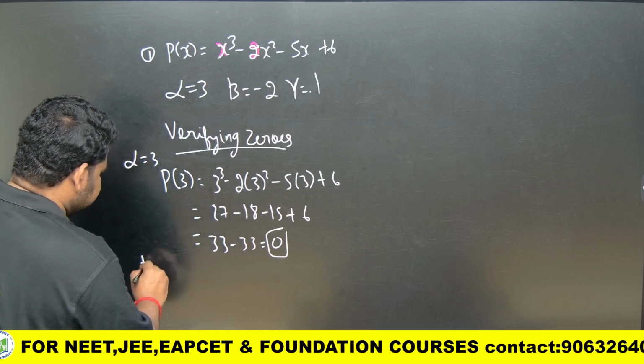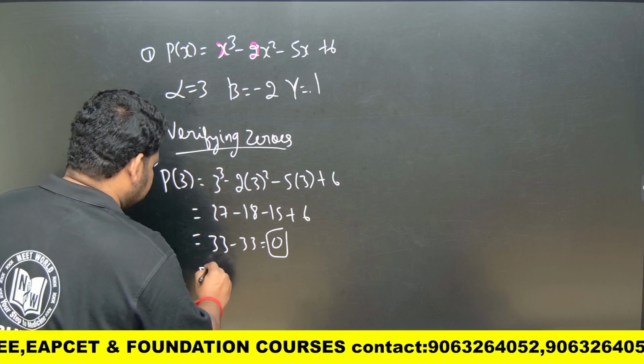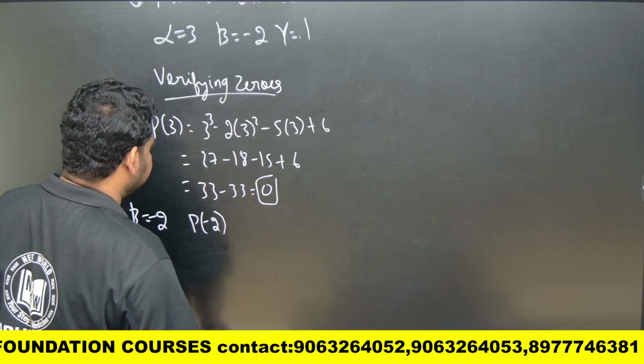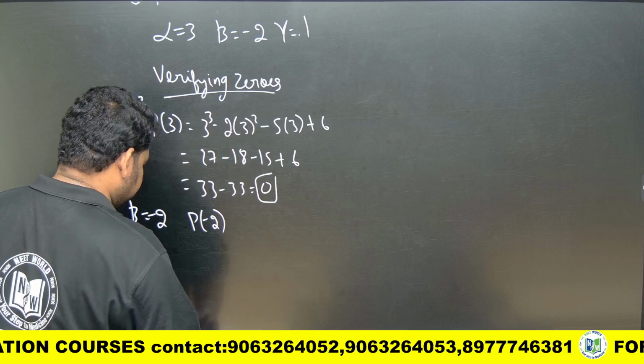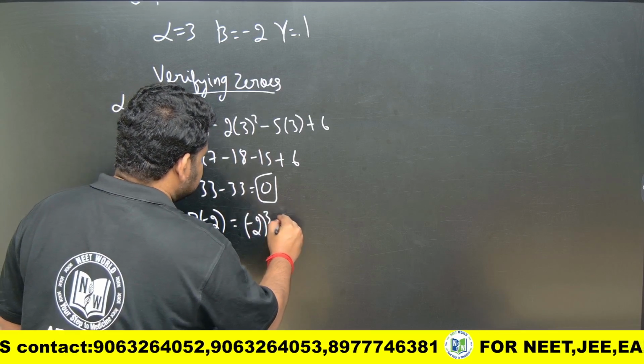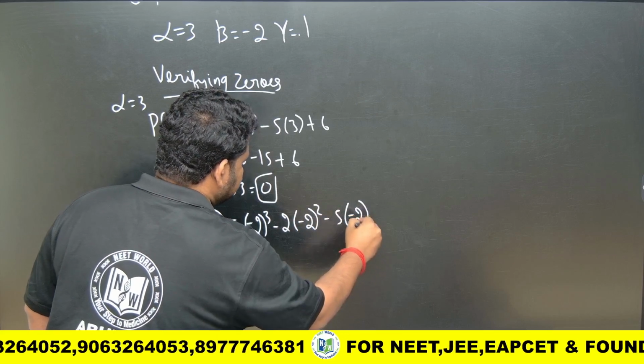Next, beta is equal to minus 2. So I have to put P of minus 2. P of minus 2 will be equal to minus 2 whole cube minus 2 into minus 2 whole square minus 5 into minus 2 plus 6.